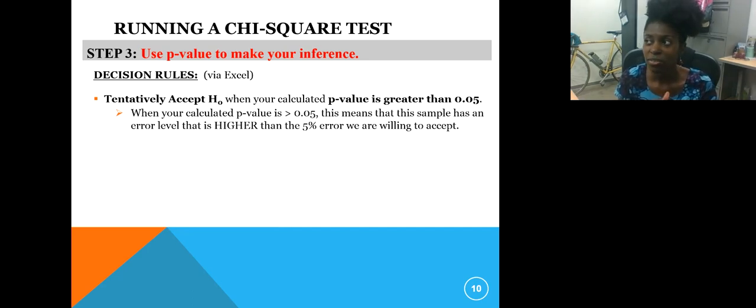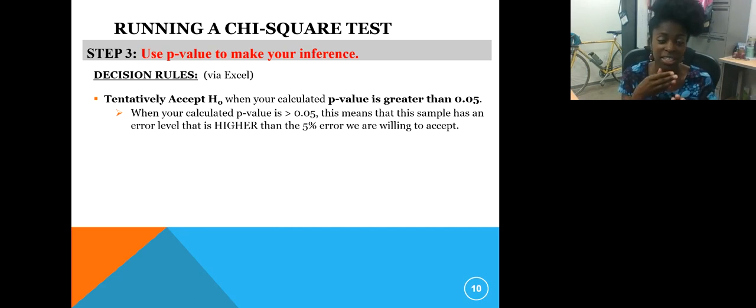Replay that if you need to. All of those things mean the exact same thing, so be prepared to hear it in a lot of different ways. A p-value of 0.05 is a significance level of 0.05. A significance level of 0.05 is a probability of error of 5%. A probability of error of 5% means a confidence of 95%.